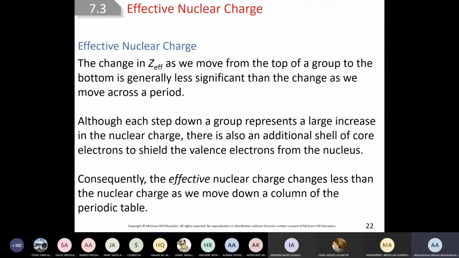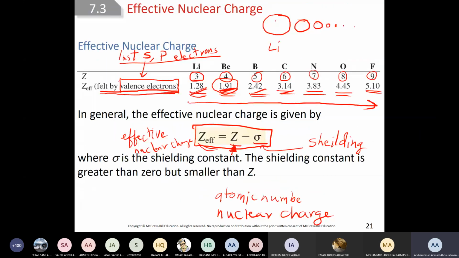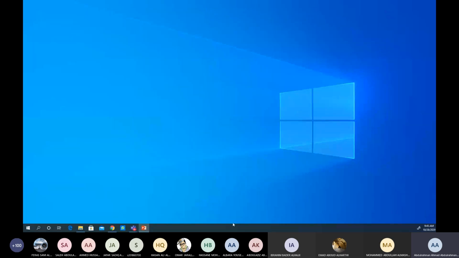We already finished this. And as I said, don't memorize these numbers. What you should know only is, as you go across in the periodic table, what's happening to the effective nuclear charge? Increasing. That's all I want you to memorize in here. Okay? All right. With this, I will stop here. And before we leave, we will take the attendance as usual.